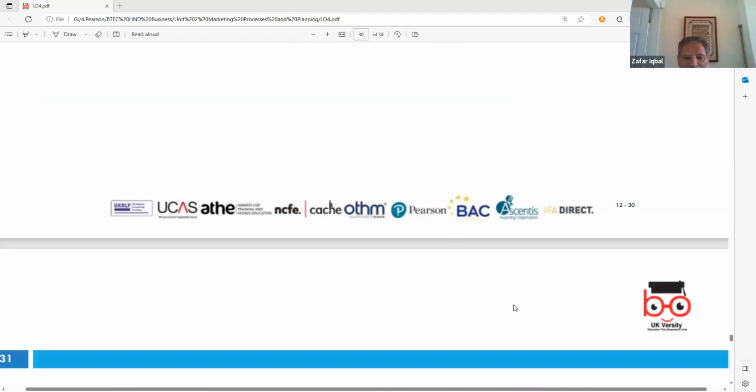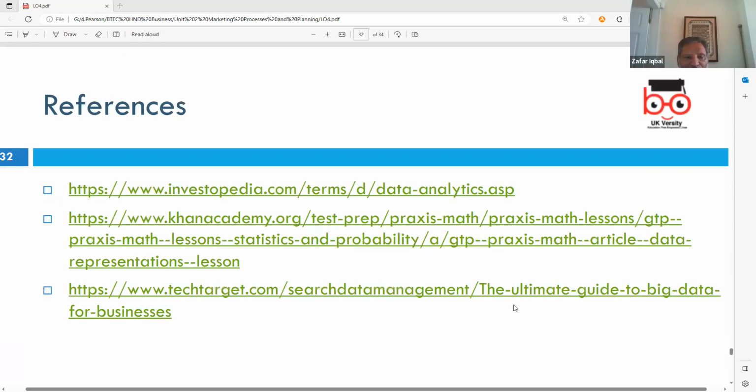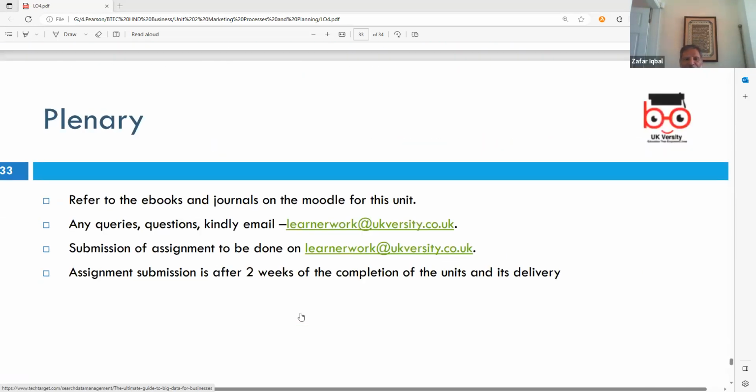Hopefully when you get your reading done, it's more interactive. You can look up your references. There are a few references you can go through and research about this topic. You can refer to ebooks and journals on Moodle. You can post any question you have for me, and we will be talking about the assignment.